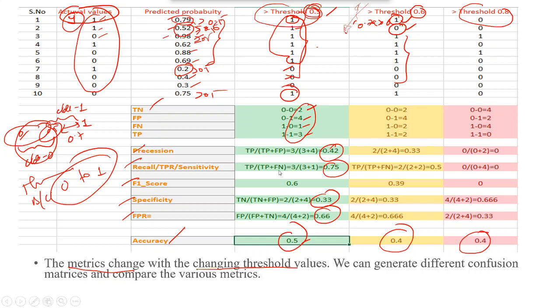Whenever you change the threshold value to 0.5, 0.6, 0.7, 0.8, 0.9, like that, we can generate different confusion matrices. Whenever the threshold value changes, the confusion matrix automatically changes. In this diagram we can compare the different values corresponding to the different threshold values.